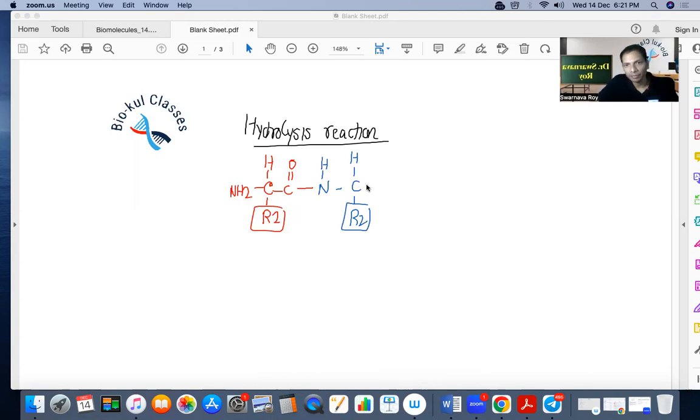And then we have C, O. Let's go for the third one. Maybe it's a tripeptide. So now we have N, H, C, H, R3, CO, OH. Let me draw the orange boxes for the peptide bonds.